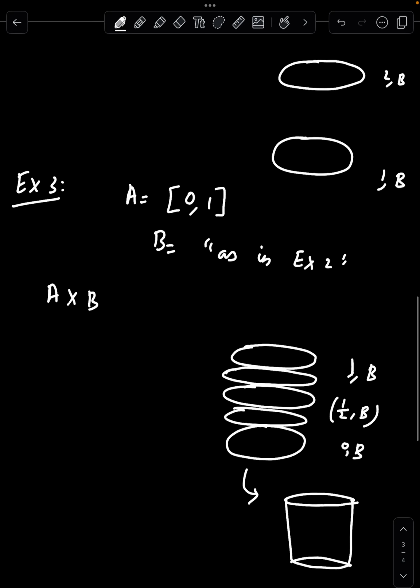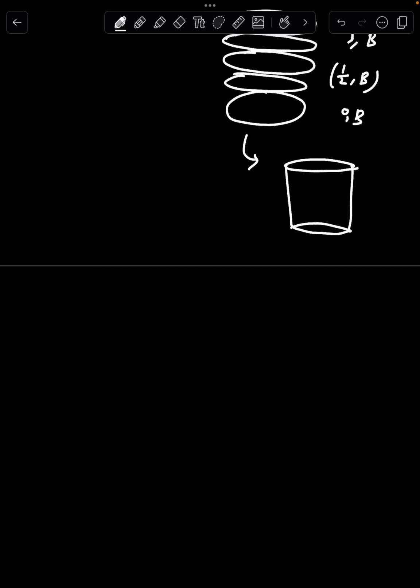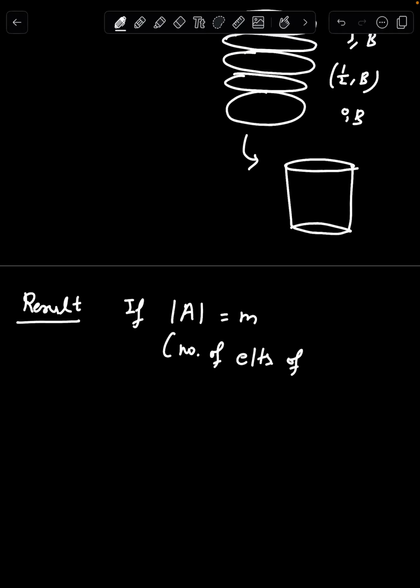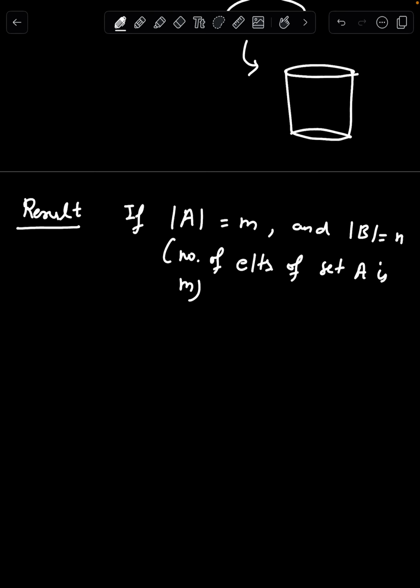Now here's the result. If A has m elements, that is, if cardinality of set A is m, that is, number of elements of set A is m, and number of elements of set B is n, then number of elements of A cross B is mn.